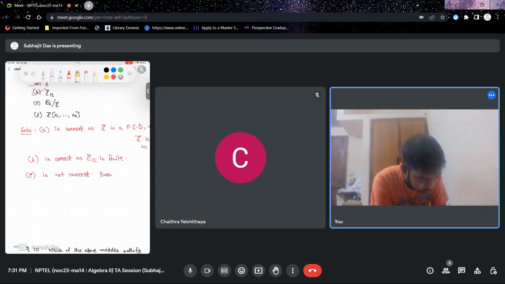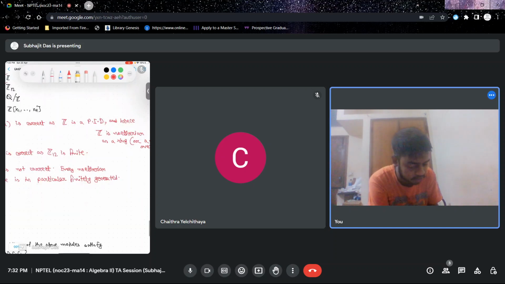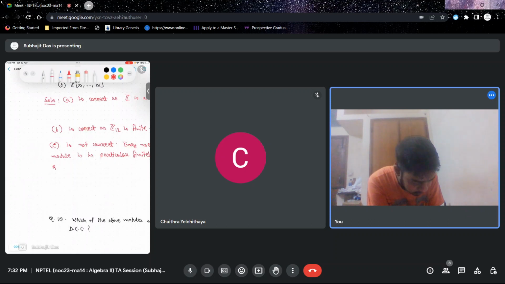Every Noetherian module is in particular finitely generated, as a module over the base ring, of course, but Q mod Z is not a finitely generated Z module.